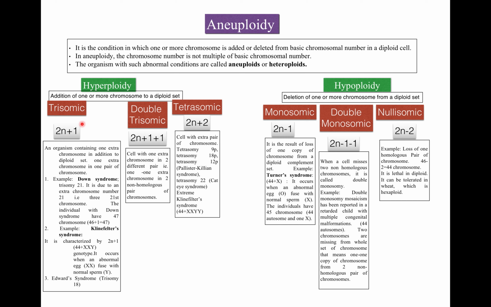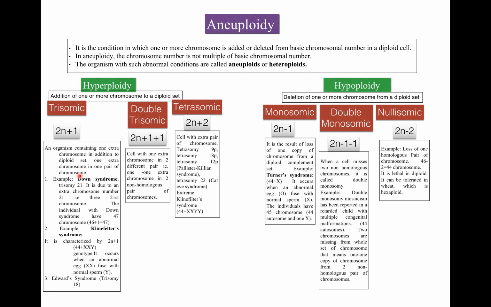So trisomics are those organisms which contain one extra chromosome in addition to the diploid set of chromosomes. One extra chromosome in one pair of chromosomes. Example, Down syndrome. It is also known as trisomy 21. It is due to an extra chromosome number 21.